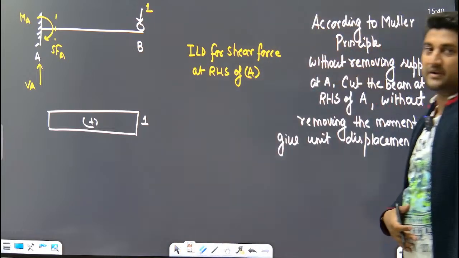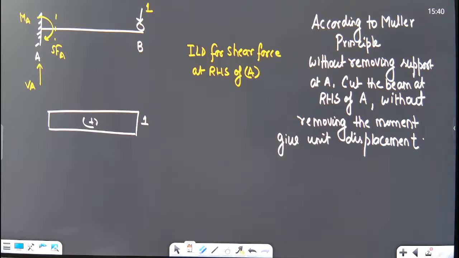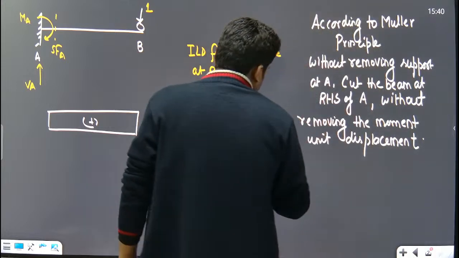Understood? The deflected shape is the ILD for shear force at RHS of A.